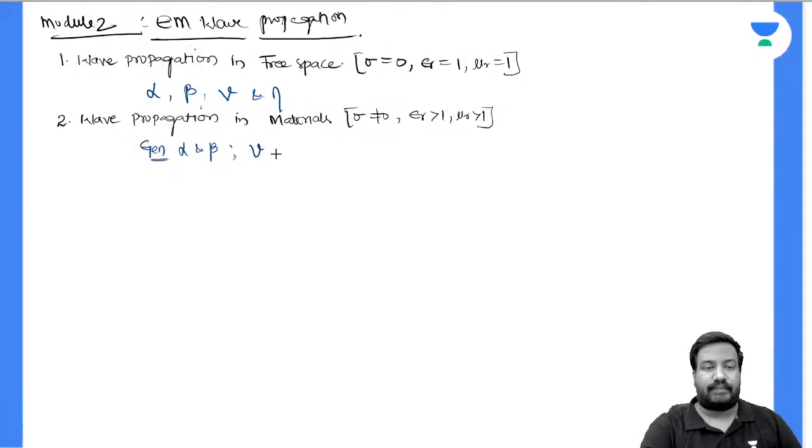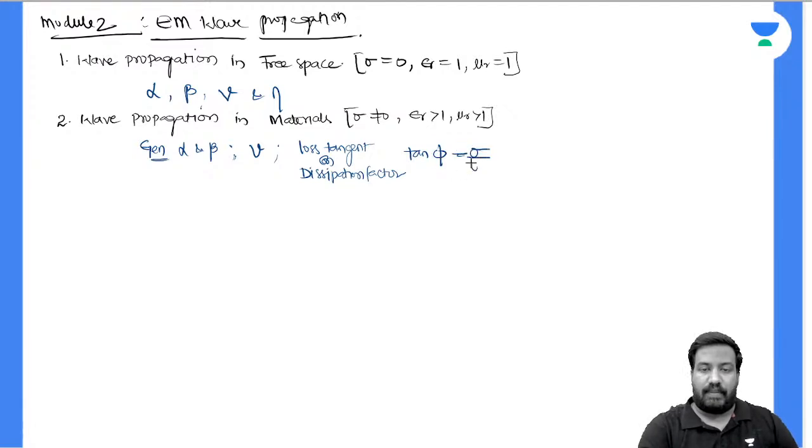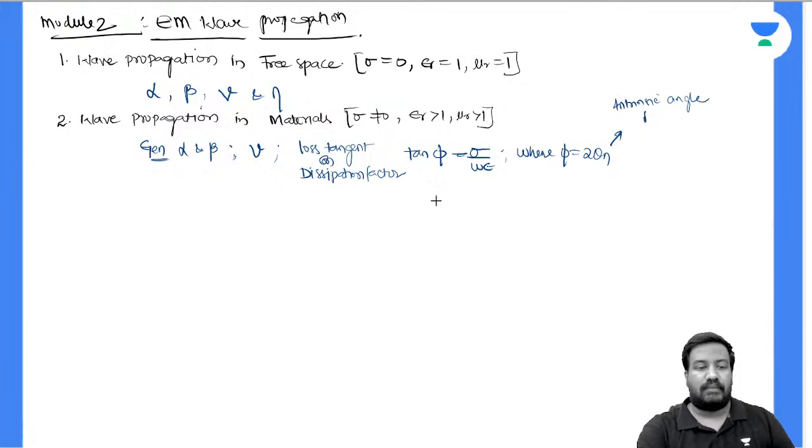We have seen velocity, and also derived the loss tangent, or dissipation factor, given by tan phi equal to sigma by omega epsilon, where phi is 2 times theta n. Theta n is the intrinsic angle, or angle of intrinsic impedance.